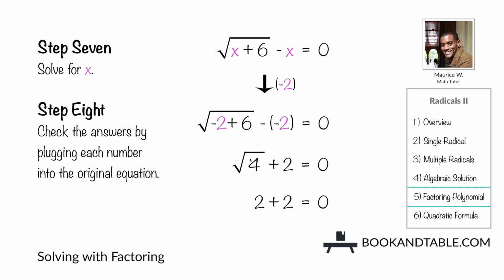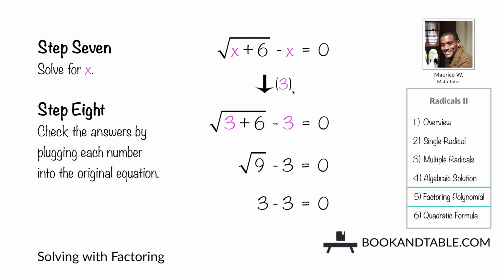The square root of 4 is 2. 2 minus -2 gives you 2 plus 2, which equals 4. And 4 is not equal to 0. So since the left side does not equal the right side, this is not a valid answer. So x does not equal -2.